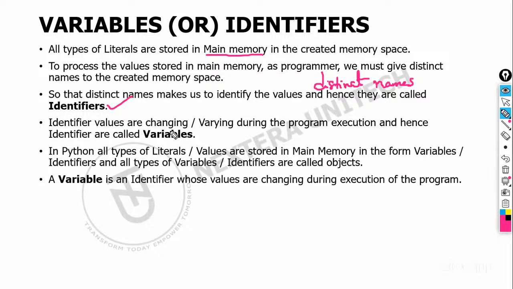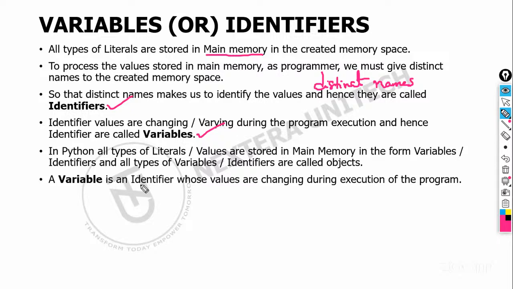These identifiers keep on changing. Within a program, the values for the identifiers keep on changing, and they are called variables. As the values are keeping on changing as part of the program, they are called variables. So in short, what is the definition for variable?